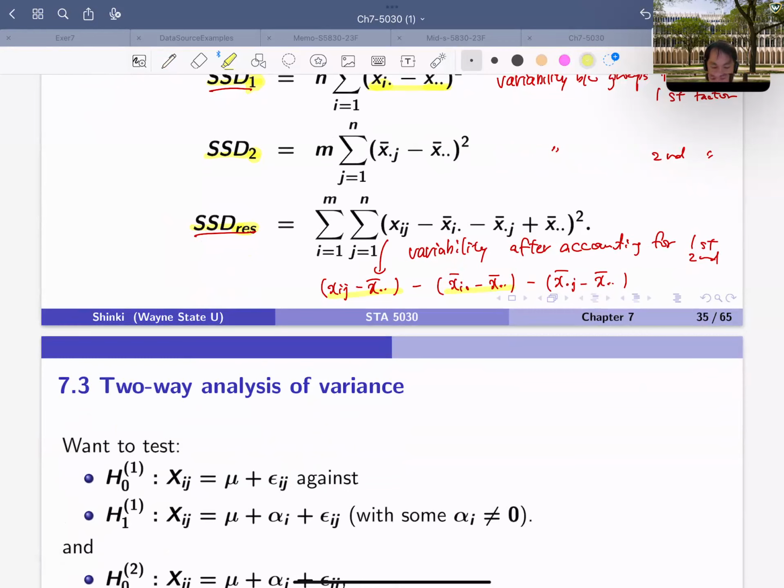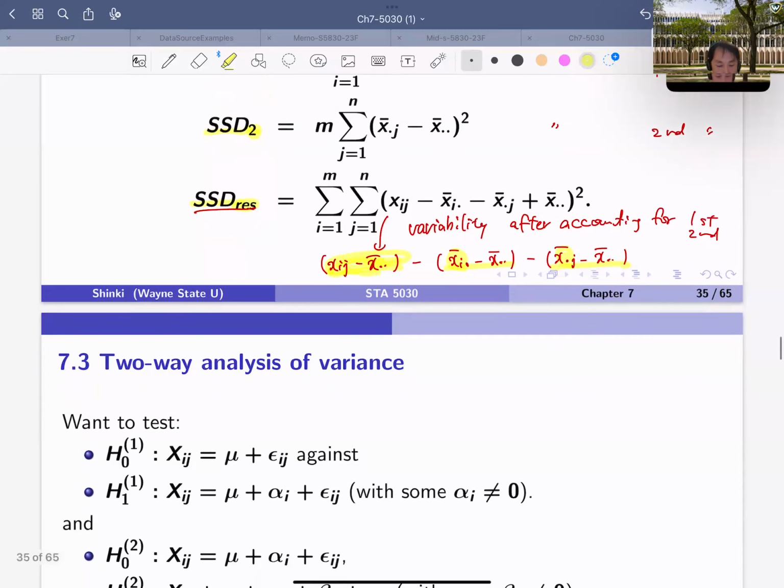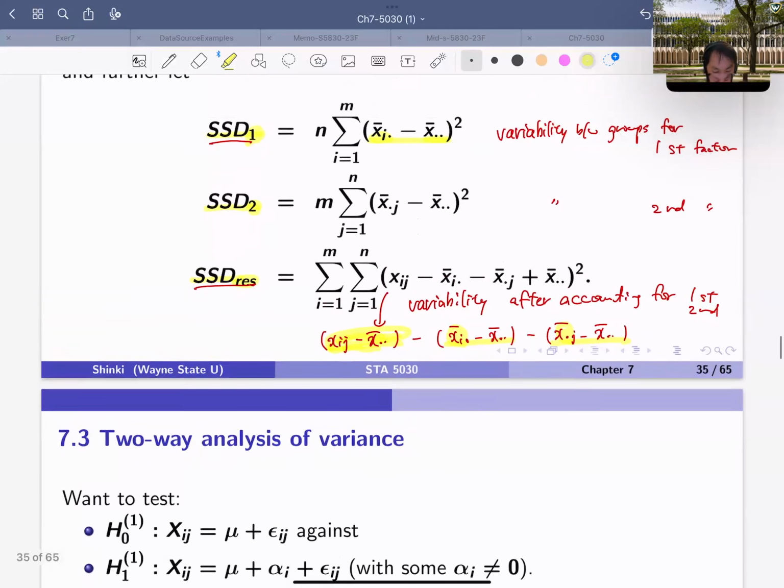This is the deviation of the i-th group from the overall mean, and this is the deviation of the j-th group of the second factor from the overall mean. So basically we have the deviation, and after adjusting for the fact that the observation is in group i for the first factor, group j for the second factor, we get this. After adjustment, we have some intrinsic error. That is the term in SSD residual.